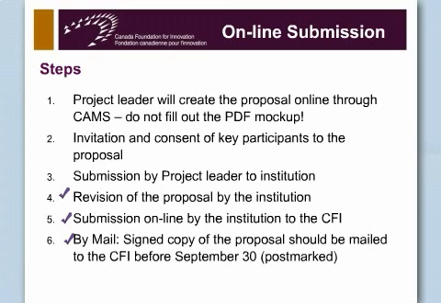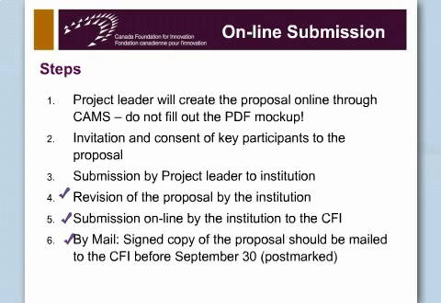Actually, if you do send one, it will be removed from the application that will go to the reviewers, so bear that in mind. Only the full proposal as it is will go through the review process.